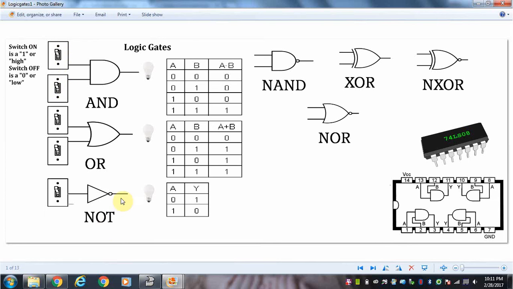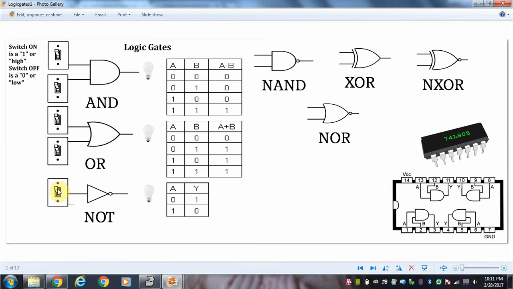We jump down here to a NOT or an inverter. All it simply does is invert your incoming signal. If the switch is on, that means this is a level 1. To invert it, that means coming out will be a level 0. In other words, the light will not be turned on when this switch is up, or a level 1.